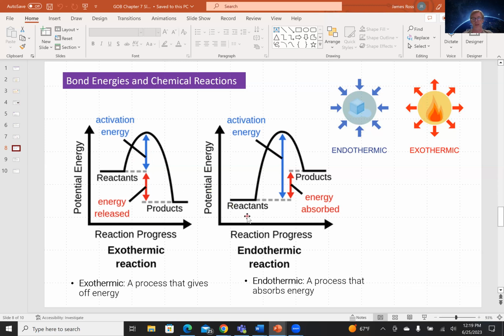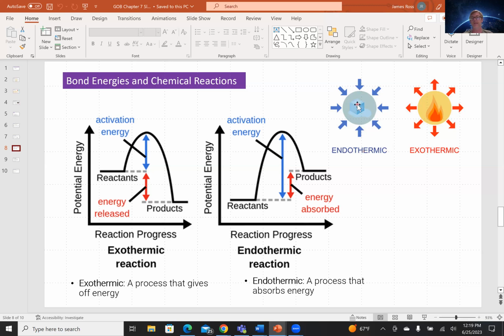Okay, in contrast, an endothermic reaction is when the products have greater energy than the reactants. So we have a net energy input into the products. So if we look at these two cartoons on the top right here, an endothermic process, energy from the environment enters the system.